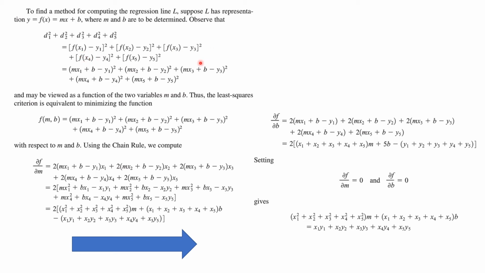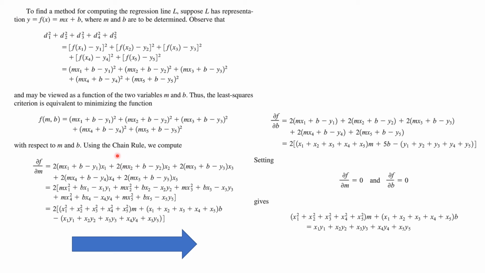And substituting this in, and notice that now I'm not taking the specific values, I'm just saying what happens with the x values. So here we have x1, y1, x2, y2, x3, y3, x4, y4, and x5, y5 as my data points. So we have this is my square error as before.